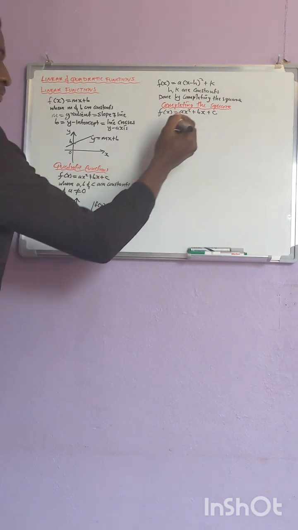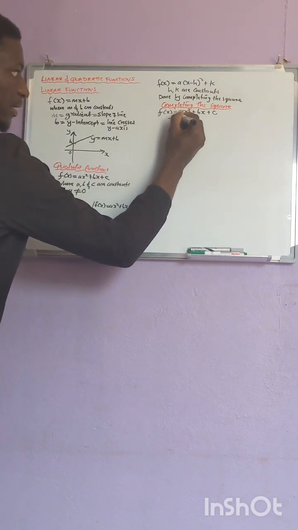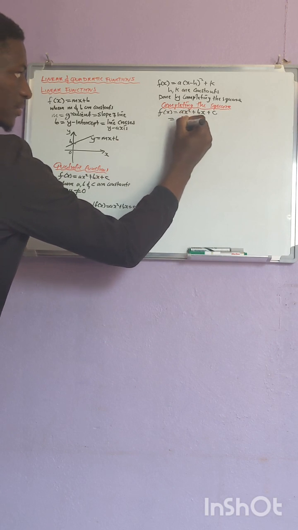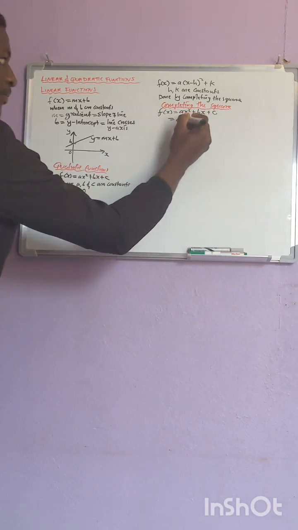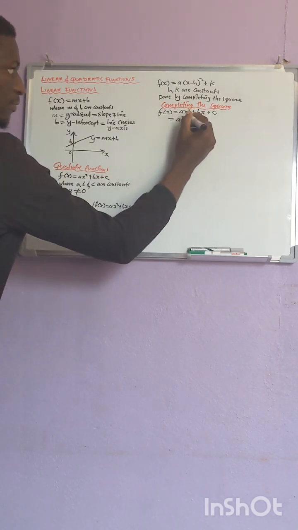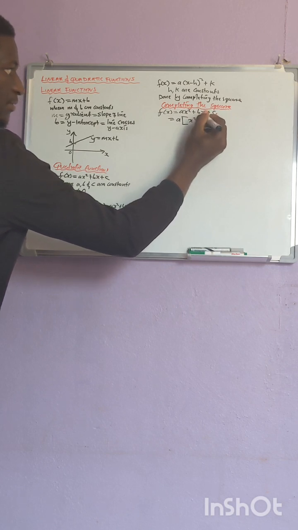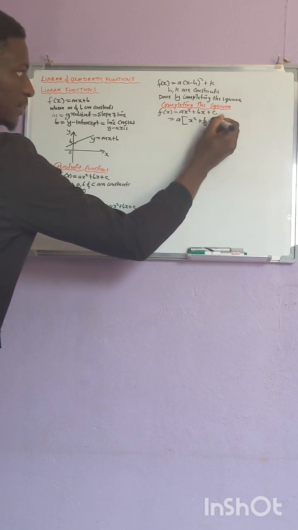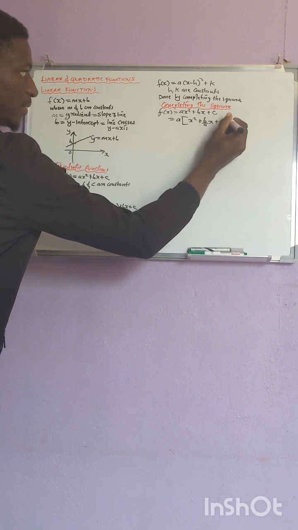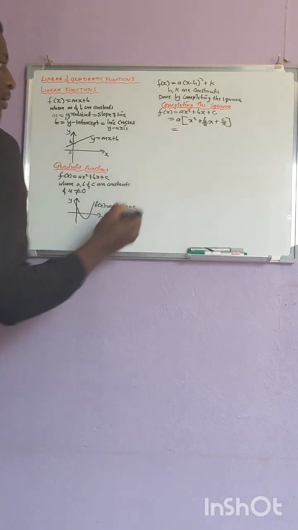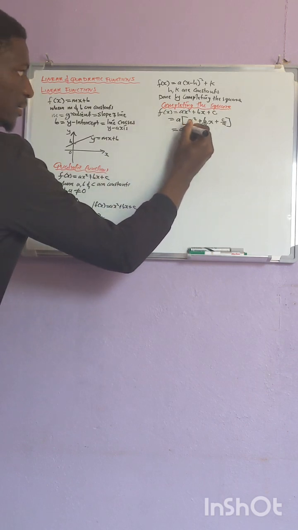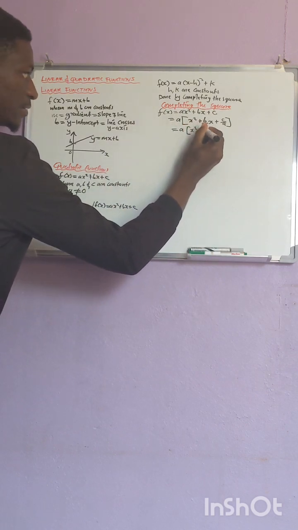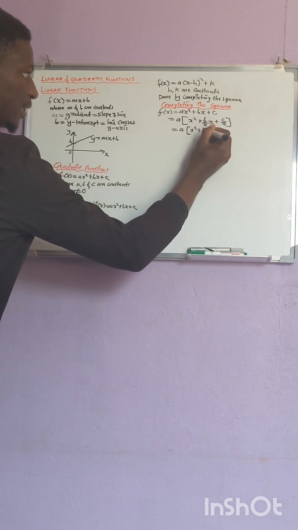So we divide all the terms by a: ax squared divided by a gives x squared, bx divided by a gives b over a x, and c divided by a gives c over a. So we have a times x squared plus b over a x.